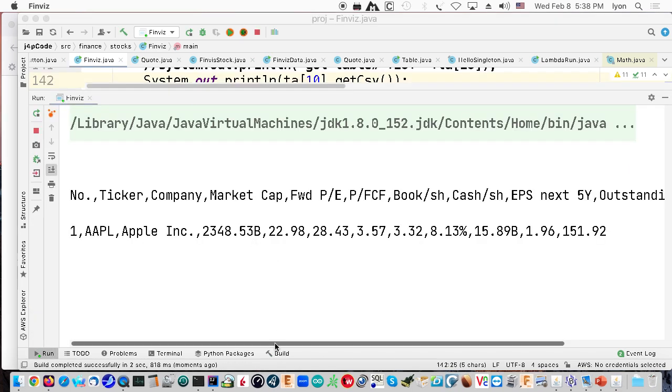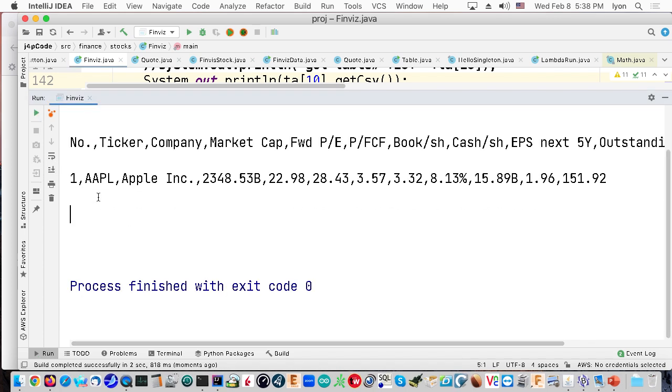And there we go. So now we can see the ticker. Here's the header right up in here. Here's the ticker. Here's the company name, which is Apple Incorporated. The market cap, which is $2.3 trillion. That's 2,348 billion.